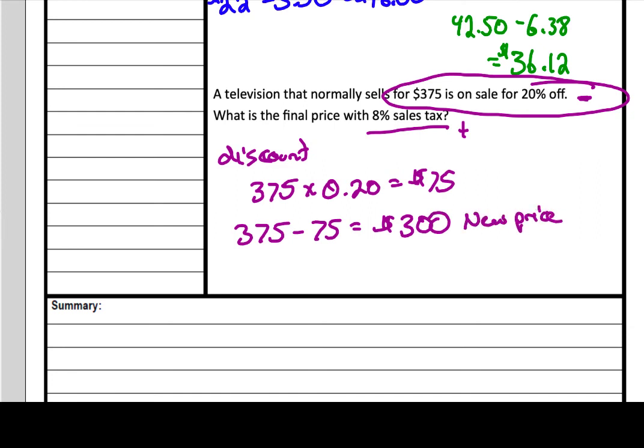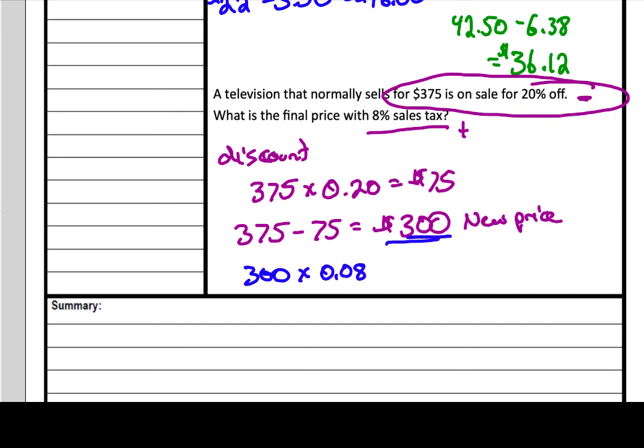My new price. Now, here's the important part. For sales tax, you pay sales tax on what you actually paid for the item. So I didn't pay $375 for this TV. I only paid $300. So 300 is what I'm going to use to find my sales tax.